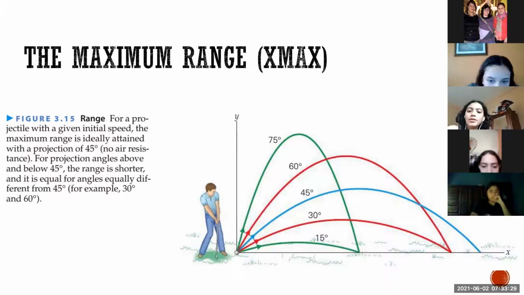At 45 degrees. At 45 degrees. So that's why in some sports, the players need to reach the angle of 45 degrees, like in golf, to assure that the ball is going to cover the most distance possible that it could.